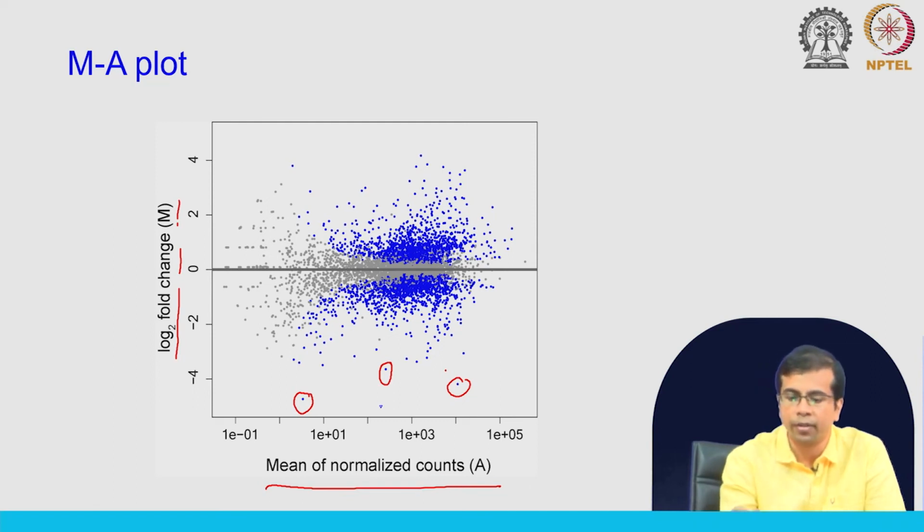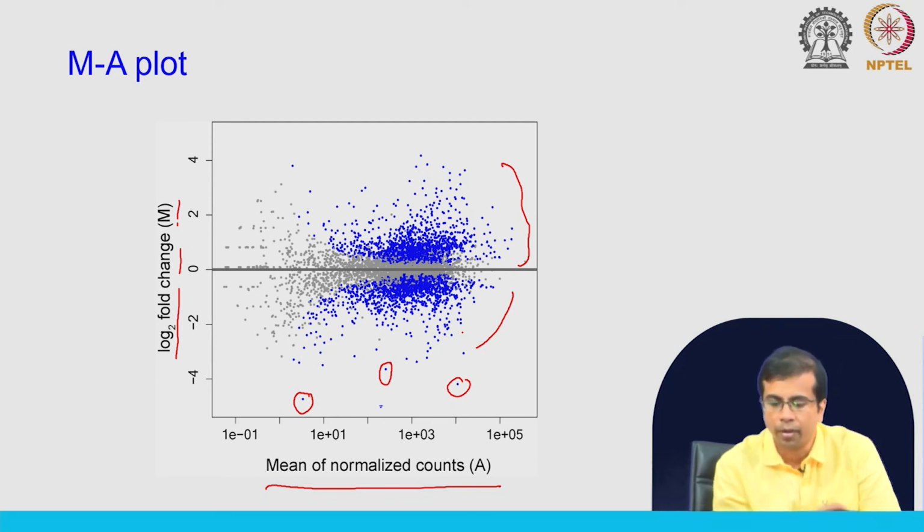So the genes that are in blue in this top part are overexpressed, or show higher expression, in the G4 sample compared to G1, and the genes in blue here show negative log2 fold change, so they show lower expression in the G4 sample compared to G1, okay.